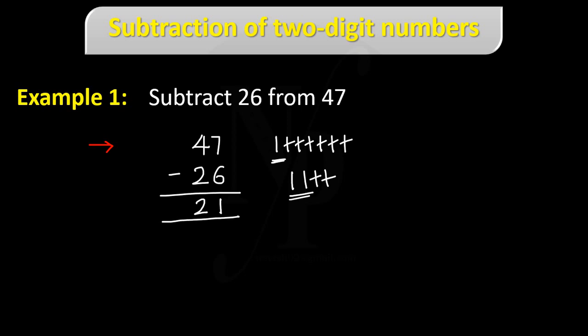So we can write this statement like this also. 47 minus 26 is equal to 21. So here 21 is called as difference of 47 and 26. This is called as difference.